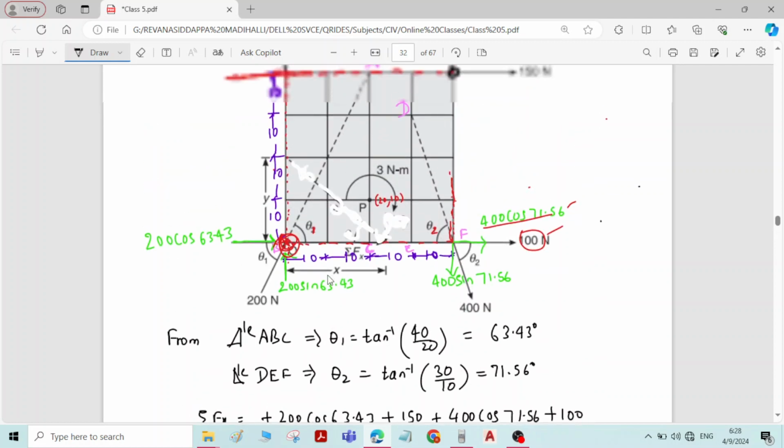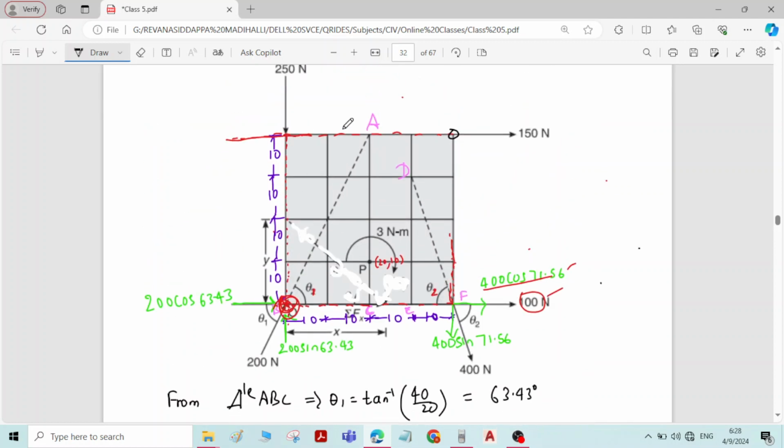So I think we have covered the calculation of moment of all the forces. And at point P, there is a clockwise moment of magnitude 3 Newton meter.